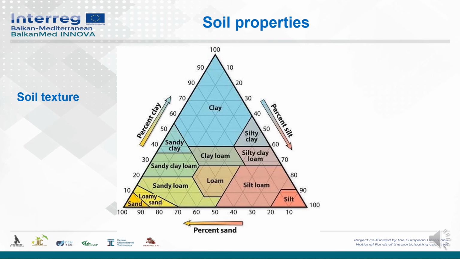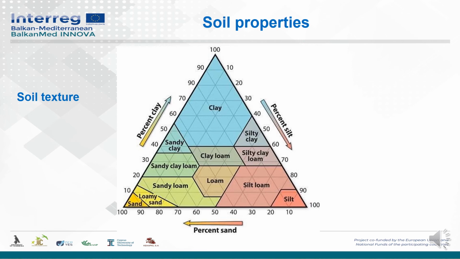Let's take another example. Let's say that we found 30% of clay. The same procedure, 30% of clay, so the other 70% is silt and sand. Let's suppose that we had 30% of sand, so 30% of clay and 30% of sand. See where they meet together.